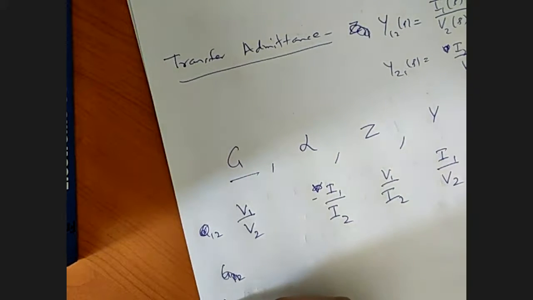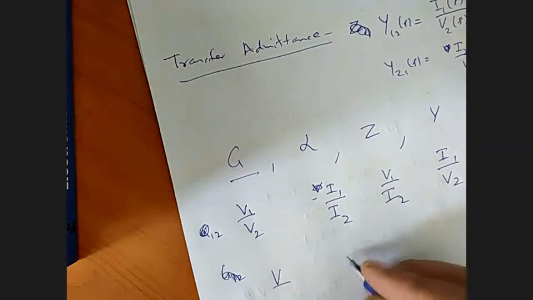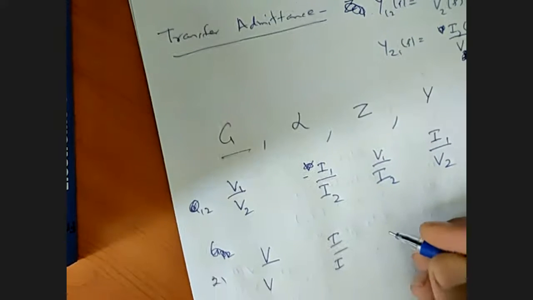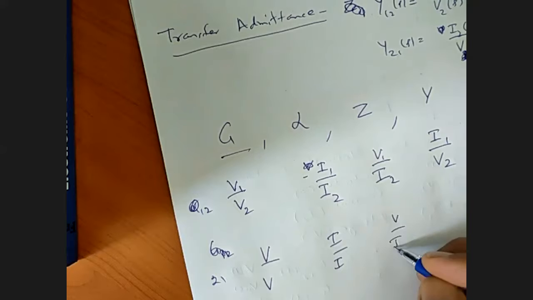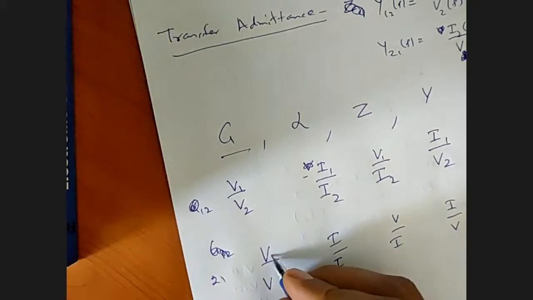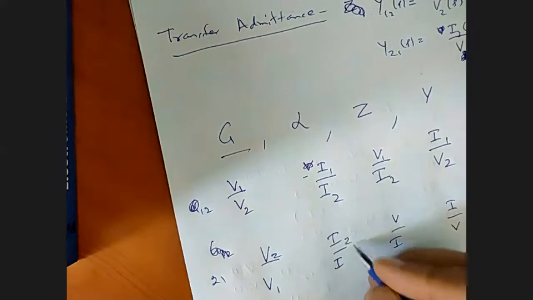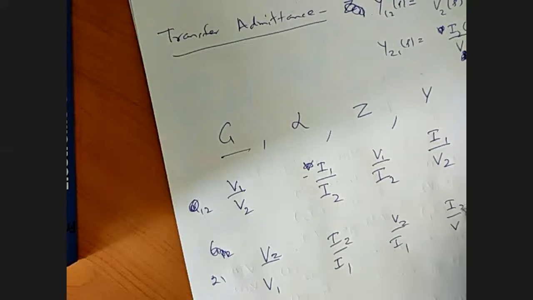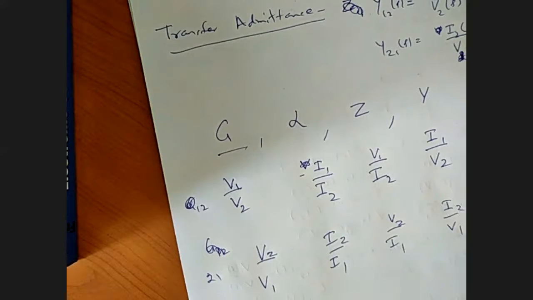Similarly, if we are talking about 2, 1, things remain the same: V by V, I by I, V by I, and I by V, but it becomes 2, 1 in each. So these are known as transfer functions of the system.